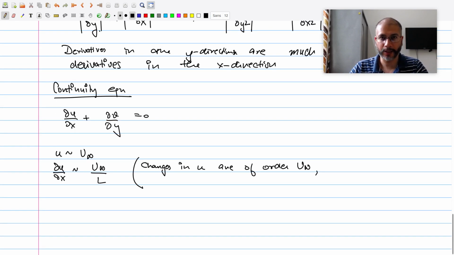So within that distance of L, the whole plate length, the value of x velocity has changed a lot. It's the order of u infinity. So the changes in u are of the order of u infinity in the x direction along the length of the plate.